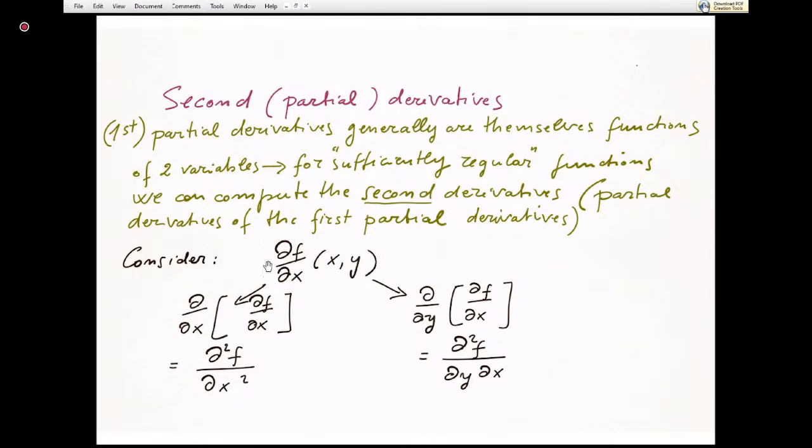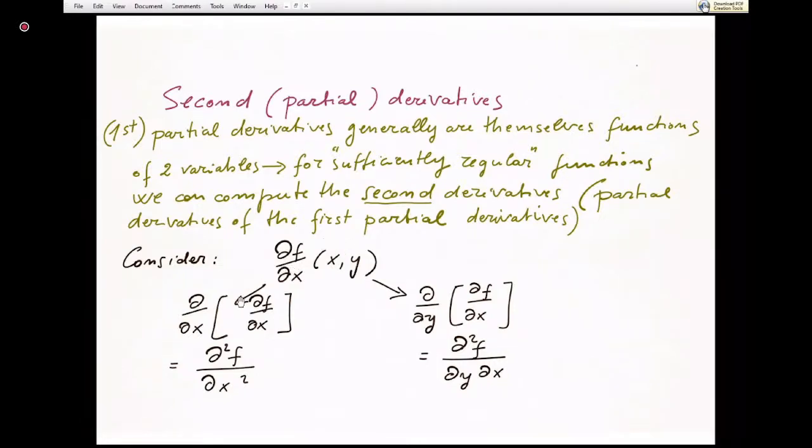So, look at the notation. We have the function of two variables, f of xy. Consider for instance the partial derivative with respect to x, df by dx, which is itself a function of xy. Now, if it is a function of xy, I can compute two partial derivatives of this function.